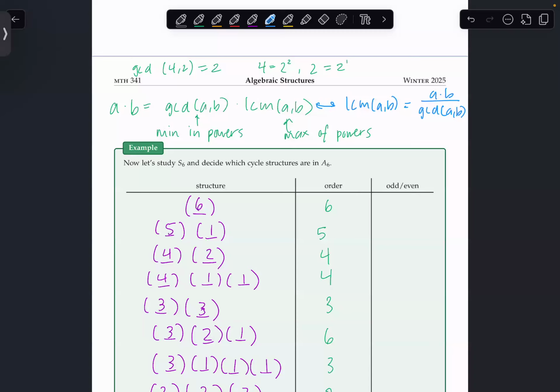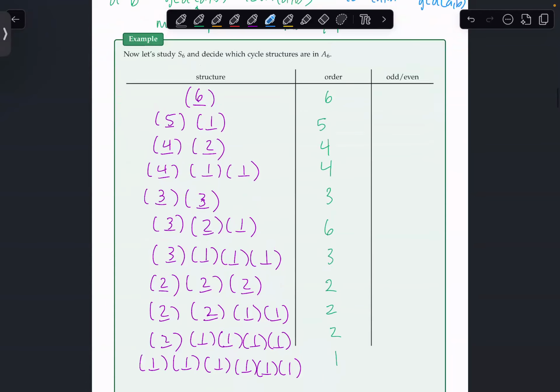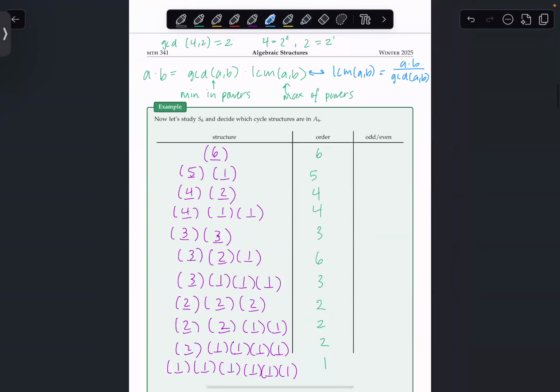So whatever is easiest, whatever is fastest for you, you can use any one of these methods. You can really just find all the multiples and then decide what's the smallest one. You can look at the maximum between the powers, or you can take the product and divide by the GCD if the GCD is easier for you to find. Okay, but any questions on the specific ones that we had here on how we got those values?